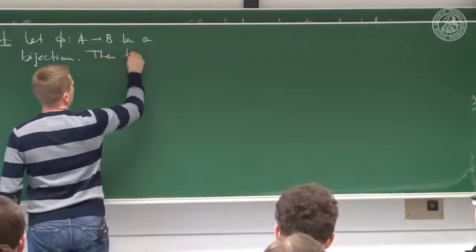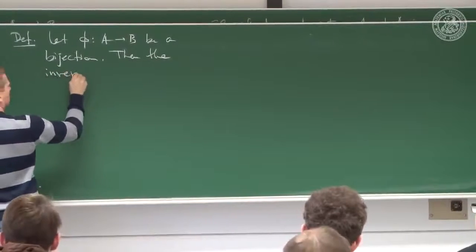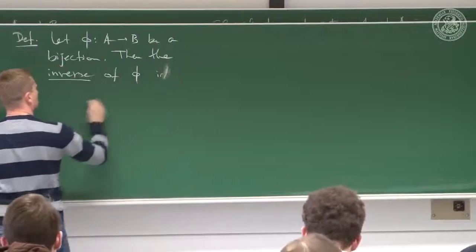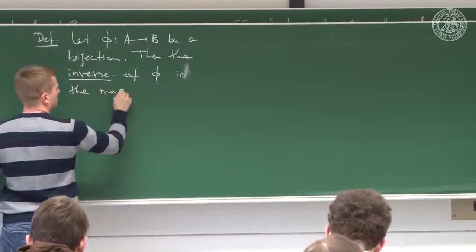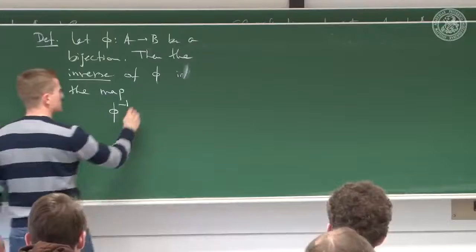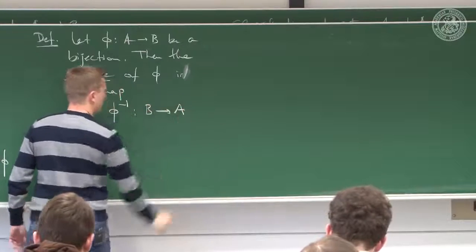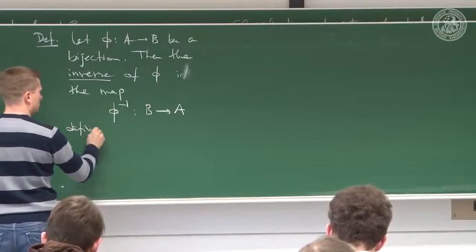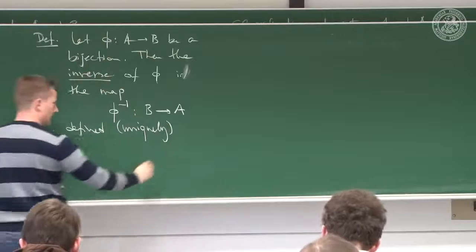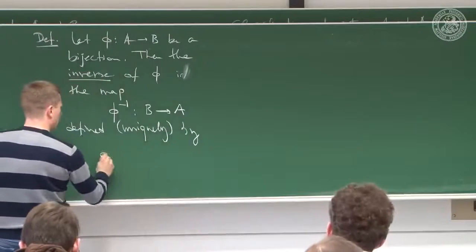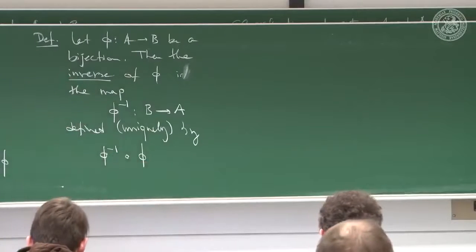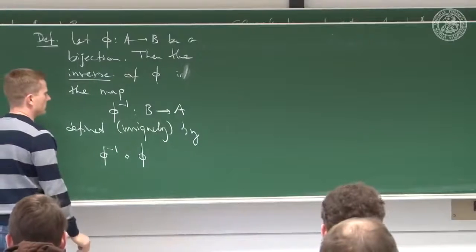Then the inverse of phi is the map phi up to the -1, of course just means inverse, from B to A, defined uniquely, so there's no ambiguity, defined uniquely by phi inverse circ phi, so you need the circ in order to speak of the inverse.